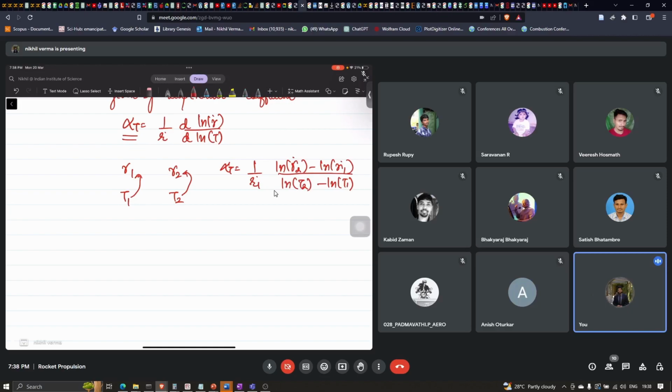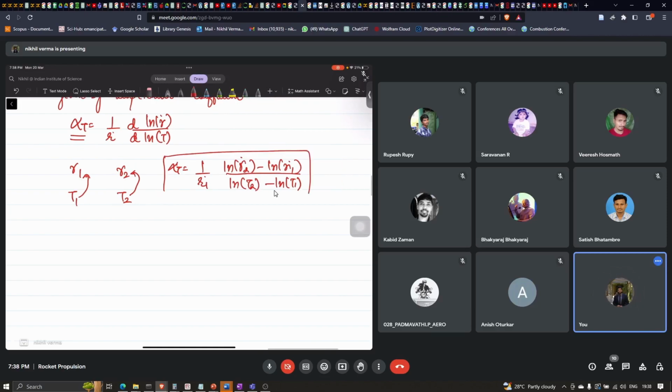This is how the temperature coefficient is defined.